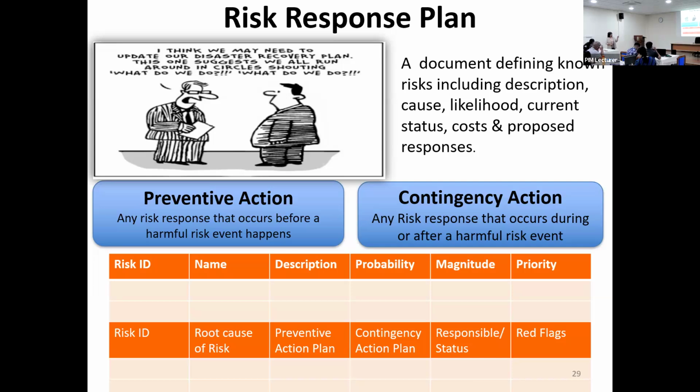So the preventive measure means any risk response that occurs before a harmful risk event happens. It's like you want to be healthy, and you go and get an annual medical checkup, right? So you regularly do that.